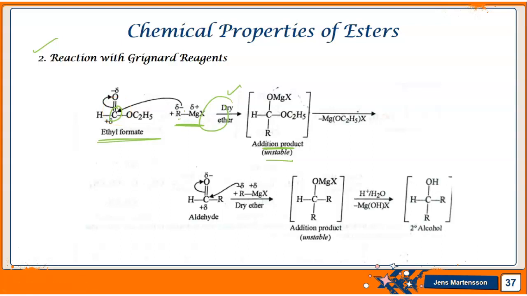After getting attacked, you will be getting this particular addition product, which is quite unstable, and from here you can remove your MgOC2H5X, which will result in the formation of aldehyde, which in this case further reacts with your Grignard reagent and leads to the formation of secondary alcohol.